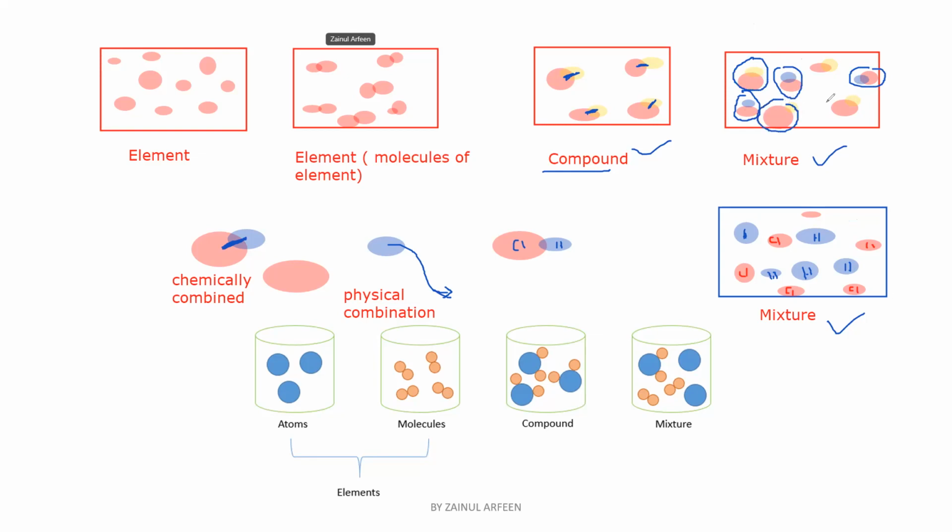When two different types of compounds are mixed together, we also call it a mixture. So this is a mixture of elements and this is a mixture of compounds, but both are mixtures. So a mixture can have compounds, and a mixture can have elements. Yes, Abdullah, is it clear? Yes, sir.